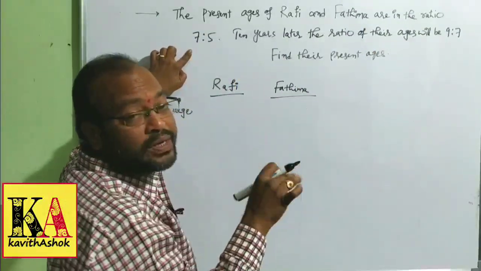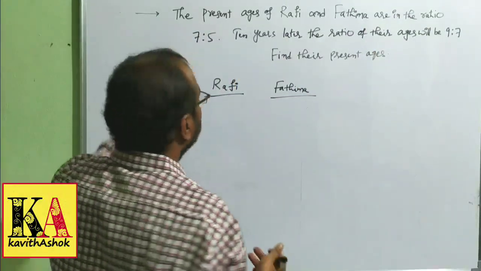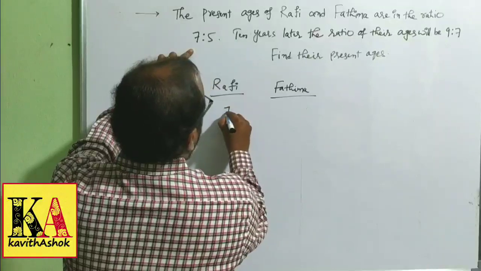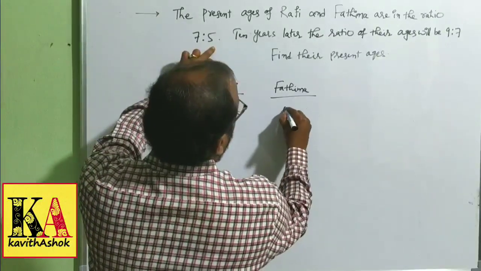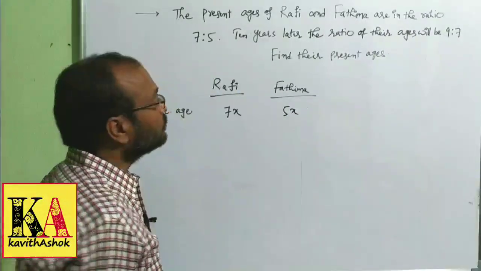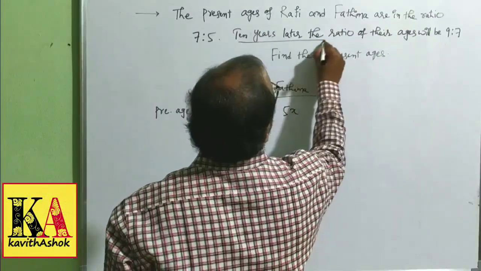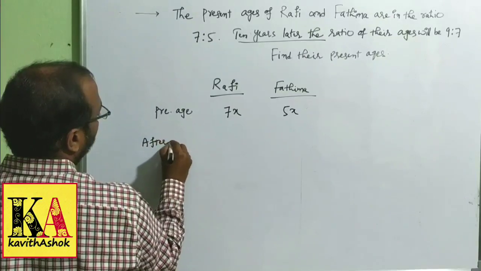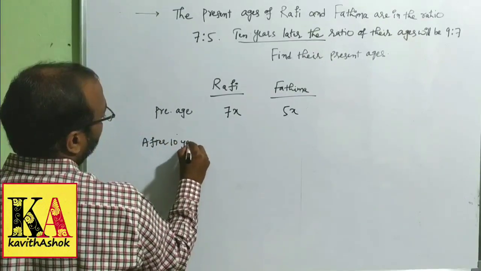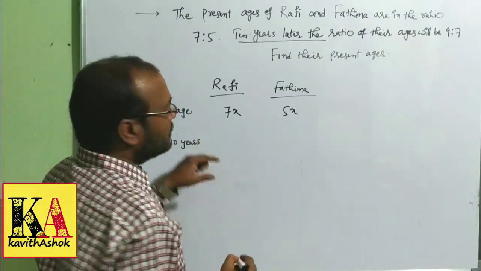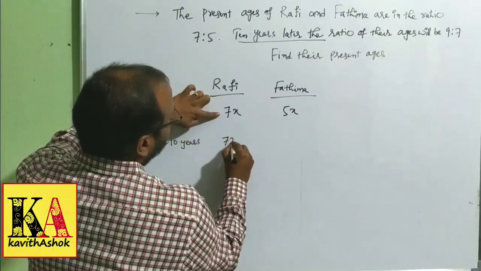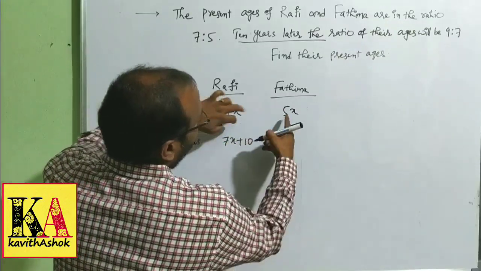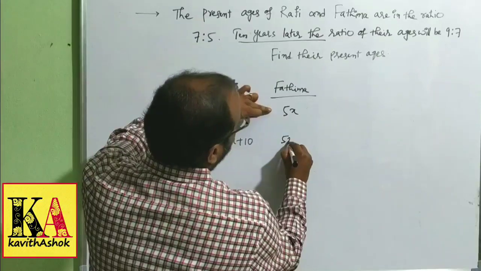We already know that when the ratio is given, we just have to add x. So Rafi's age is 7x, I am taking, and Fatima's age is 5x. 10 years later, so after 10 years, automatically 7x will become 7x plus 10 and 5x will become 5x plus 10.